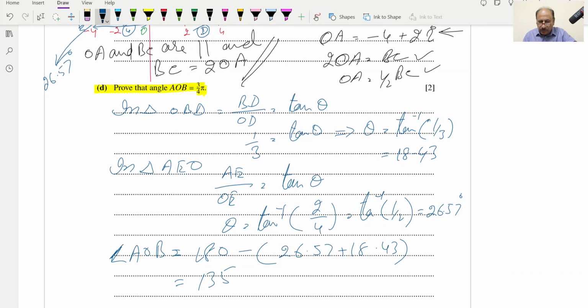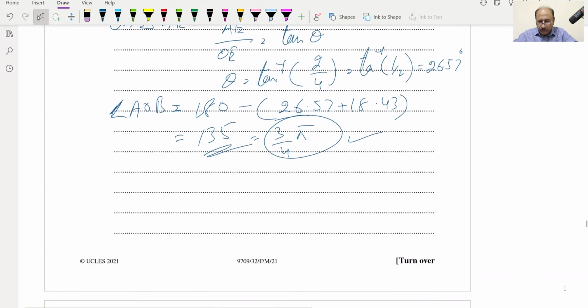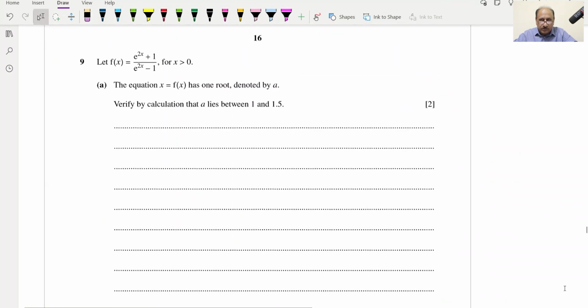We can write 135 as 3 by 4 pi. Basically we have to prove this, so we will write 3 by 4 pi. This is done. Now we can move to question number 9.